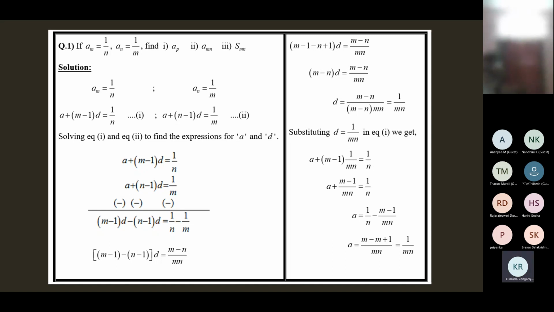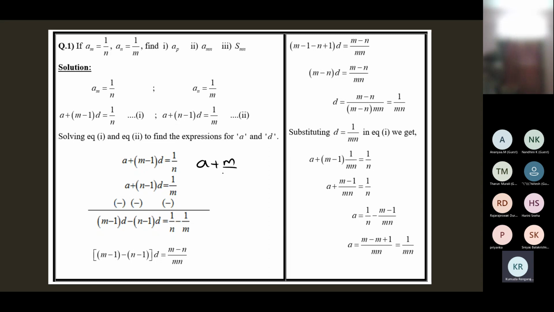Yes, Shreyas. We are substituting d is equal to 1 by mn in the equation now. Correct. Ma'am, 1 by mn is common for m minus 1, no? Why don't we directly multiply a plus m by mn minus 1 by mn, so that m and m get cancelled directly there itself, and 1 by n and 1 by n get cancelled? Definitely, we can simplify in a different way. Tell me your method.